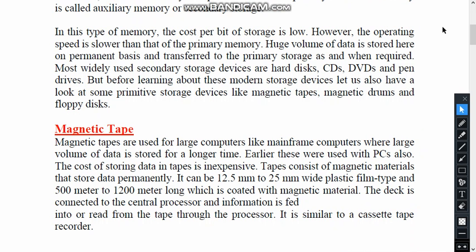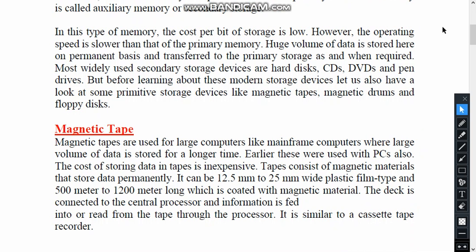Magnetic tapes are used for large computers like mainframe computers where we have to store a huge volume of data for a longer period of time. Earlier, these were used with the personal computer also. The cost of storing data in magnetic tape is inexpensive. That's why we can store a huge amount of data in the magnetic tape.